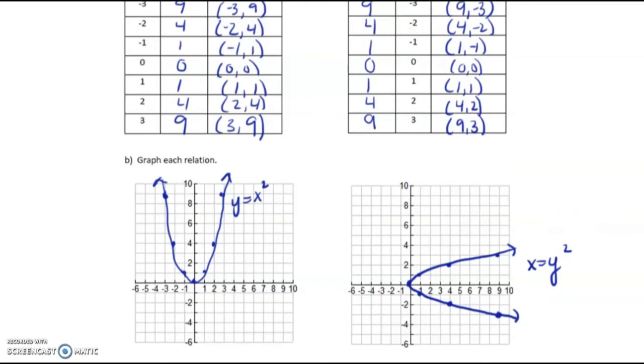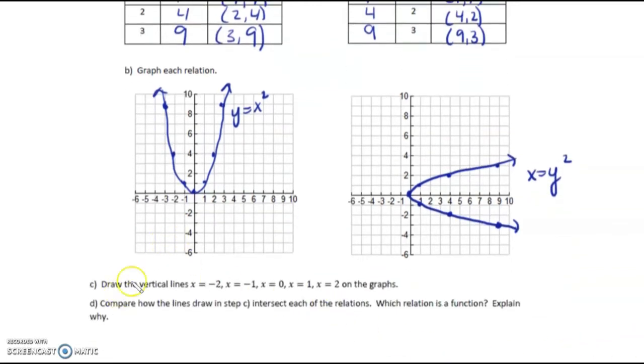Okay, so now let's talk about what a function actually is. We're going to go ahead and do part C. We're going to draw vertical lines at negative 2, negative 1, 0, 1, and 2 on both of these graphs. Negative 2 on this graph doesn't go through the graph, that's okay.